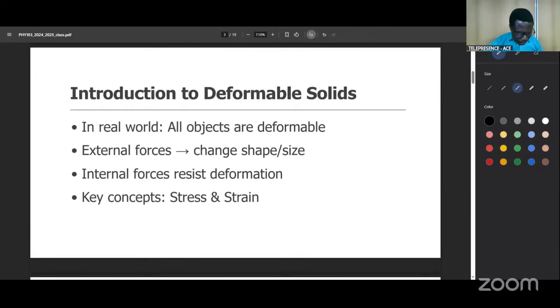Bending the hand, stretching the skin, and jumping all involve elastic deformation of body tissue. So elastin allows tissues to stretch and return to normal.